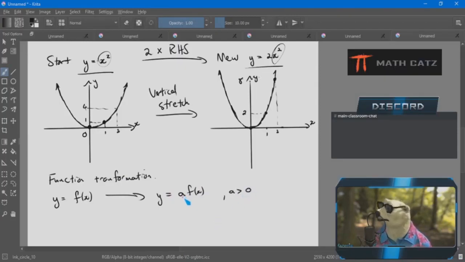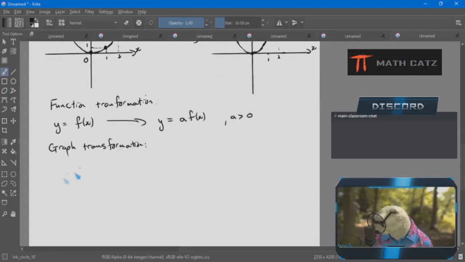Could be a small little fraction. Could be a large number. What happens to the graph? How it transforms is by way of a vertical stretch or a compression, depending on the size of the number that's multiplied.